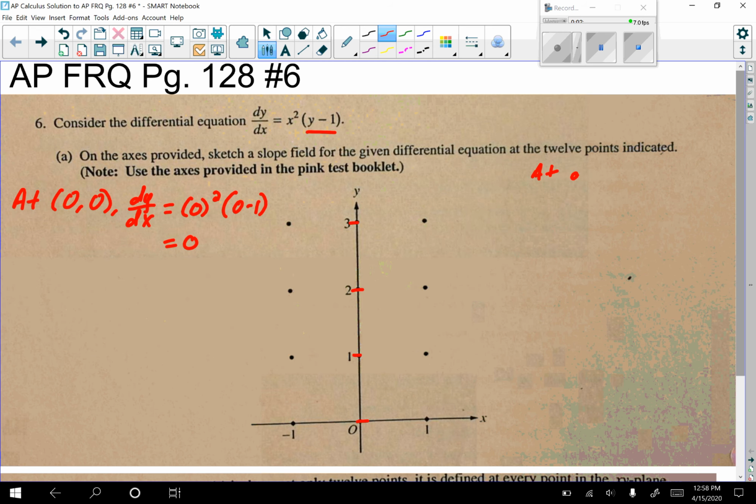At all points x, y, where x is 0 or y is 1, dy over dx is equal to 0. So that's also going to happen here at 1, 1 and negative 1, 1.